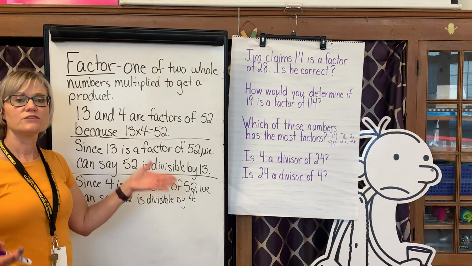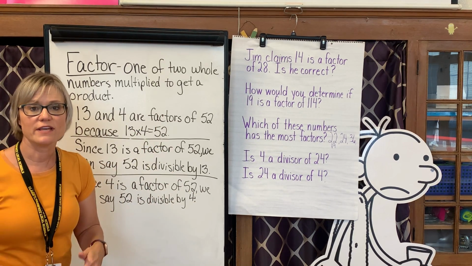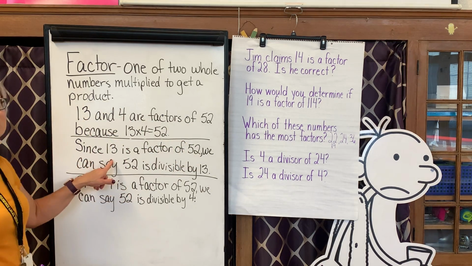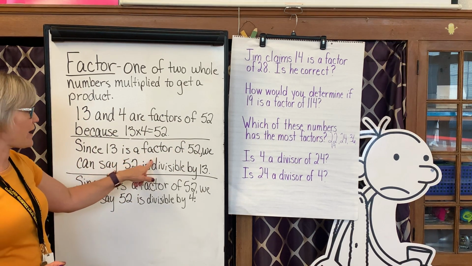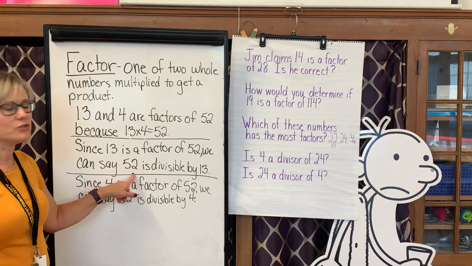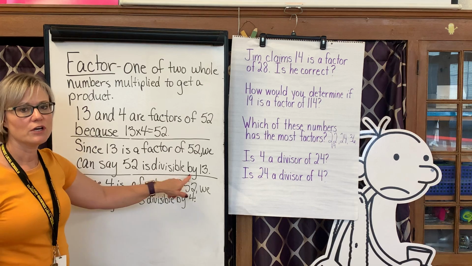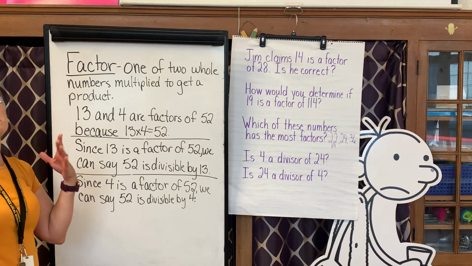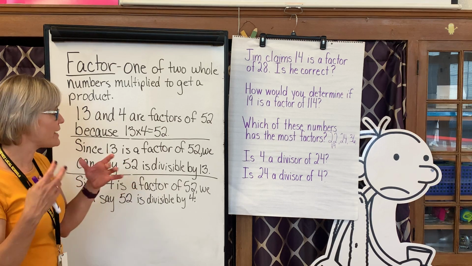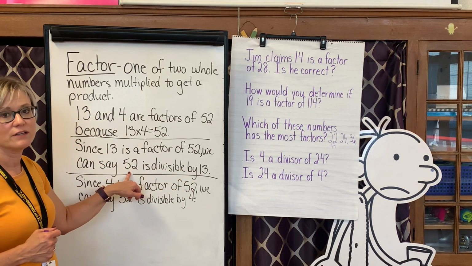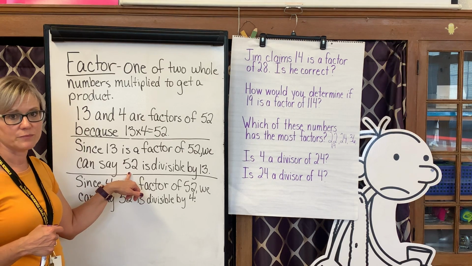Now we can make some more statements about these numbers. Since 13 is a factor of 52, we can say 52 is divisible by 13. Knowing what I know about division problems, I can also say 13 is a divisor of 52.